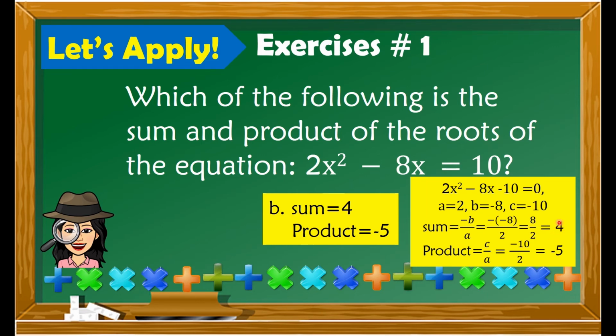So you have now the value for the sum which is positive 4. Next, for the product, you have c over a. That's why you substitute the value of c, which is negative 10, over 2. That's why it will give us negative 5. So you have the sum, which is positive 4, and the product, which is negative 5. Okay, so good job. So I know you got it correctly. Let's proceed.